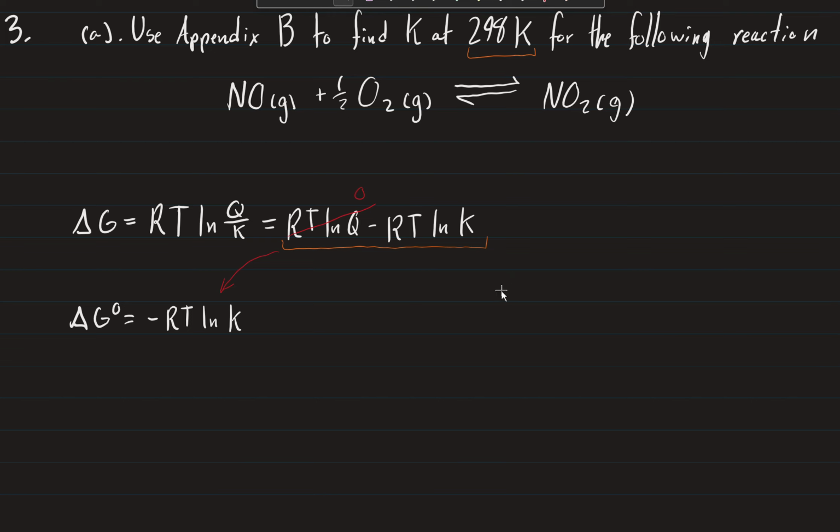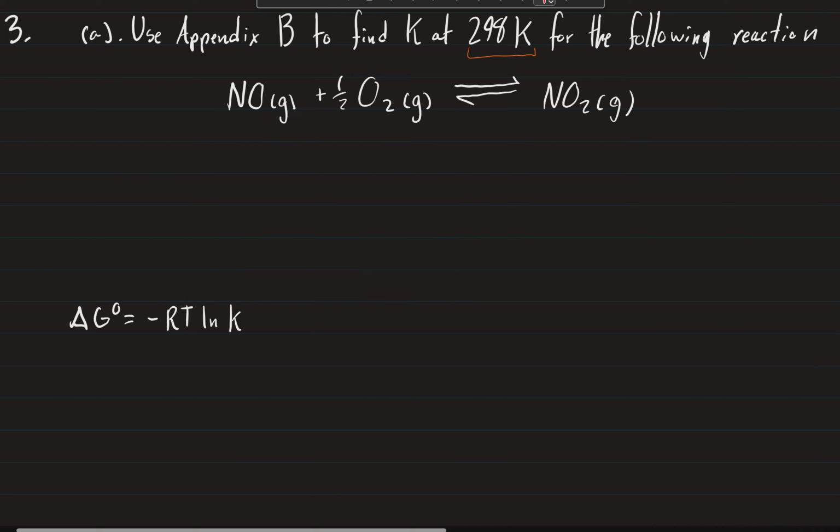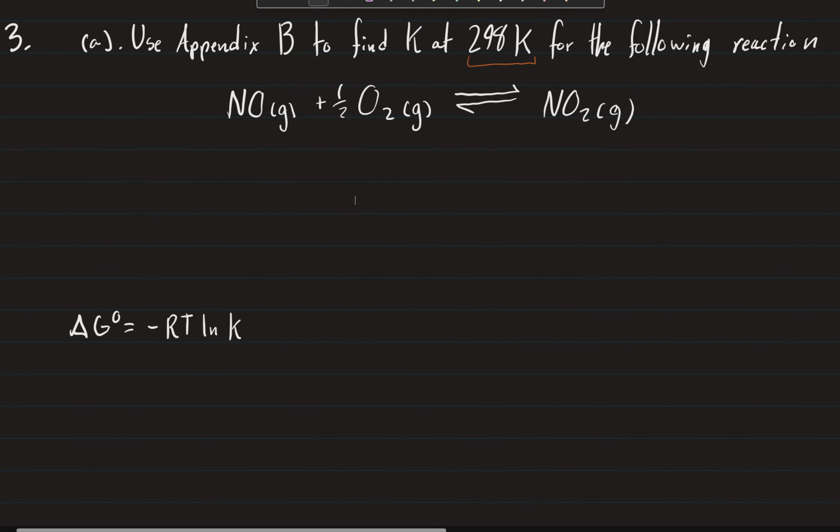To continue on, let's write what we have so far. We have RT, where T is 298 Kelvin, and R is just a constant.